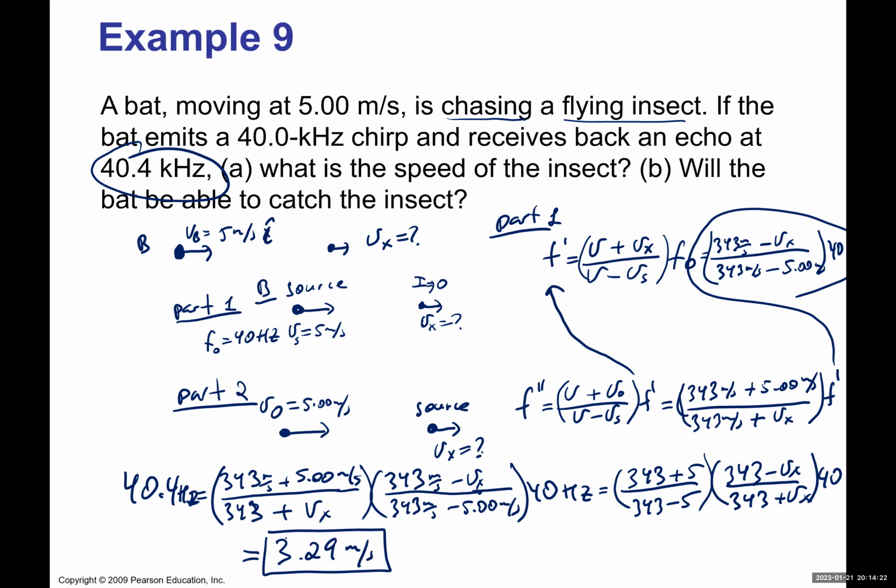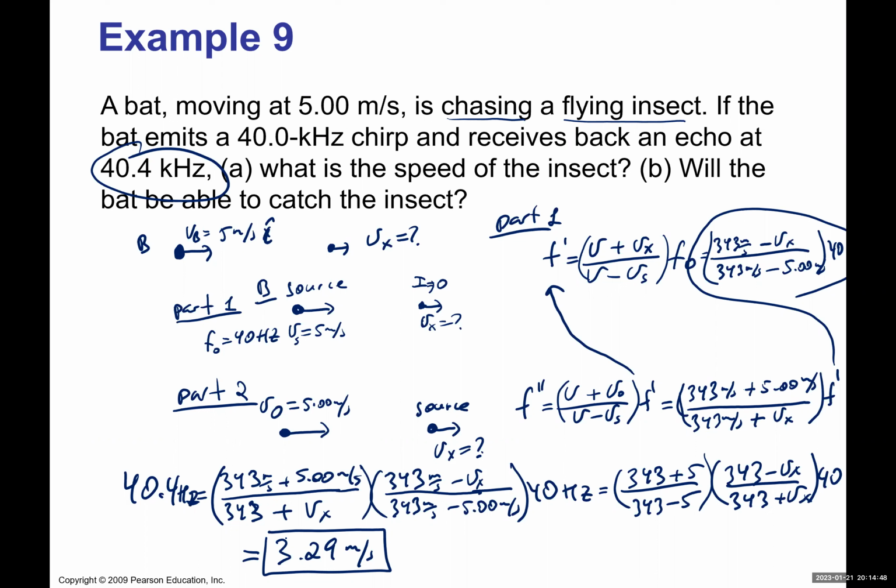This will be the speed for the insect, and since it's positive, it's in the direction that we assumed, which is to the right. And you can see that the bat is moving at 5 meters per second and the insect at only 3.29 meters per second.